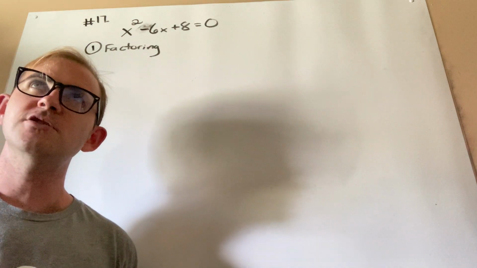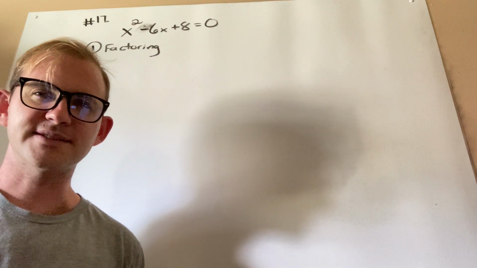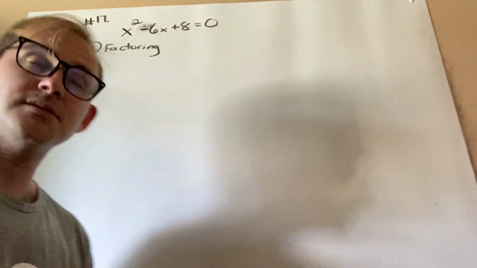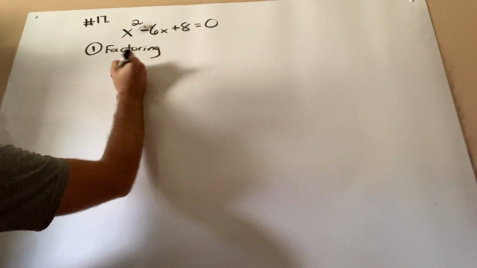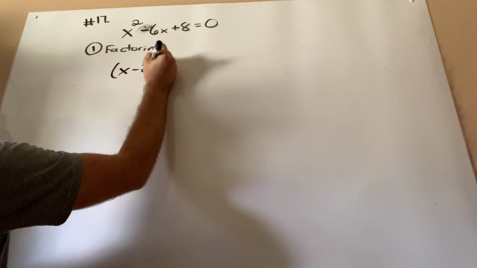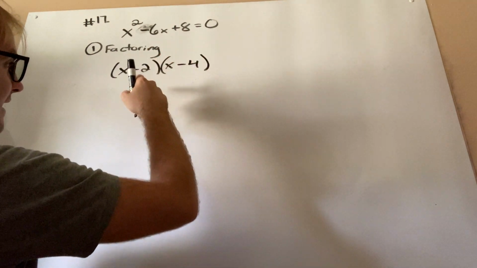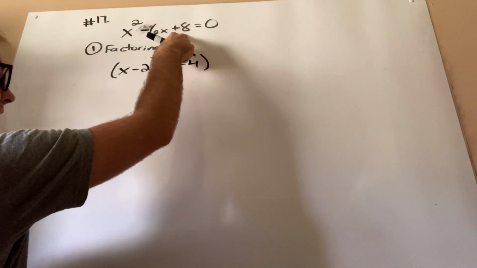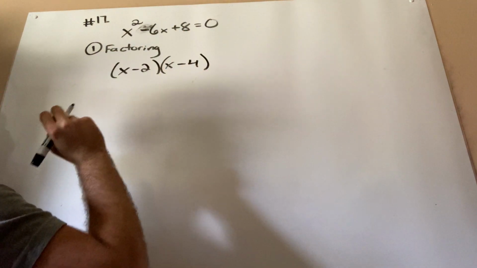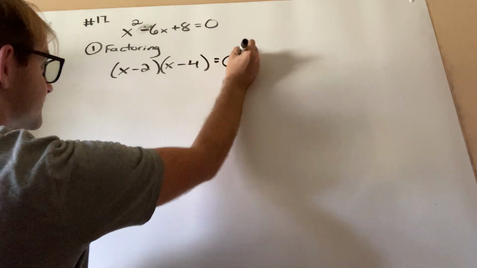So I know 4 times 2 is 8, but 4 plus 2 would be positive 6. Oh, so I could actually use minus 2 and minus 4, because negative 2 times negative 4 is positive 8, but negative 2 plus negative 4 is negative 6.